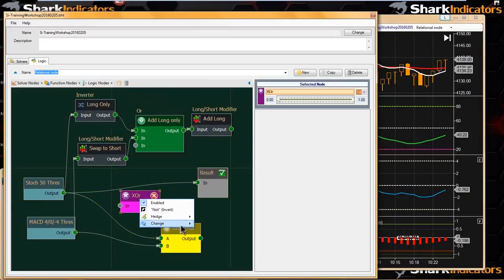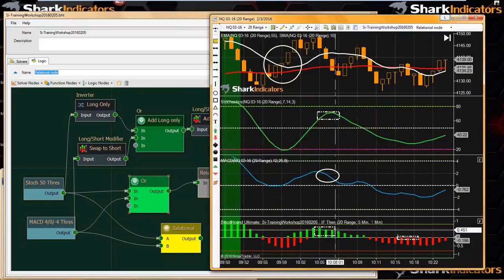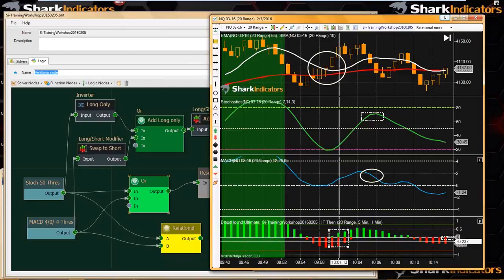Let's see here. Let me just kind of make something up. Here we go. Okay, so here's a perfect example. We're getting both a long and a short output at the same time. So if the short side was shown as a positive value, which really is what it is when it's evaluated, one of them would get hidden from the other.